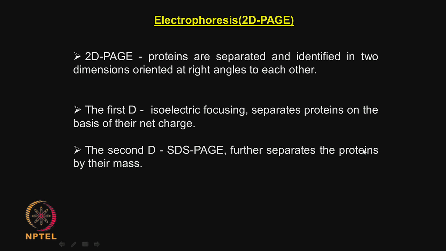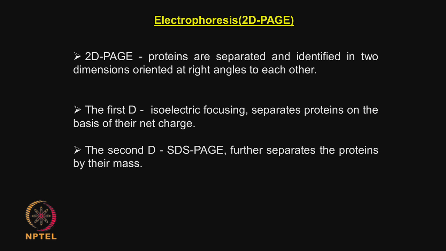So initially you separate based on charge, then you run an SDS PAGE so that the proteins get separated based on their mass. Instead of a linear protein movement, we get protein movement in two dimensions. Then we can pick out the protein of our interest, use MALDI or mass spec, and find out the molecular weight of that particular protein.